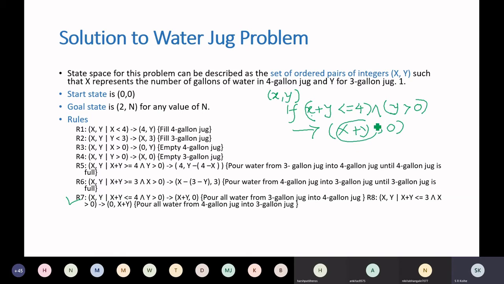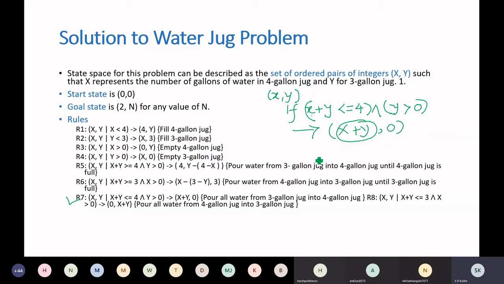So you have added the water in the 4 and 3-gallon jugs. The 4-gallon jug will contain the total water. Earlier it had x gallons of water, then you added y gallons of water from the second jug. So the total is x plus y. Because of that the second jug will become empty, right?